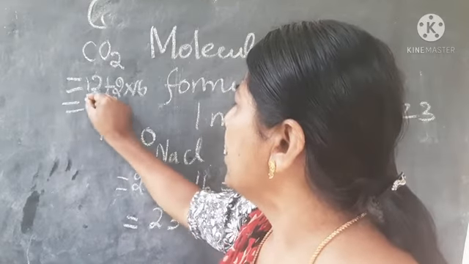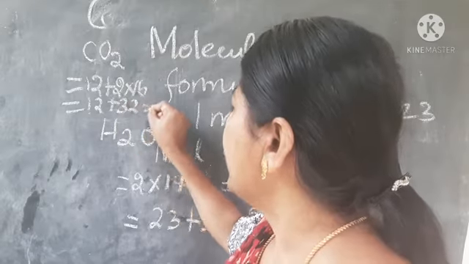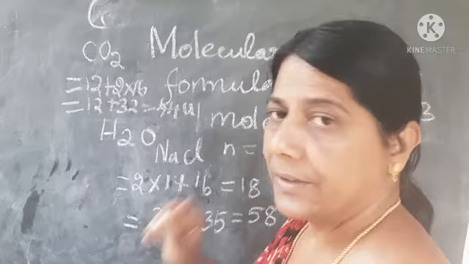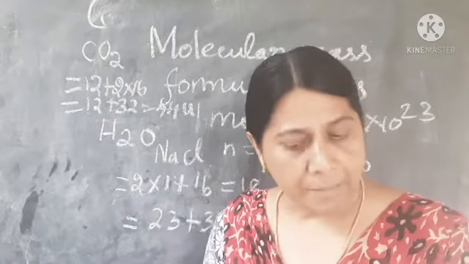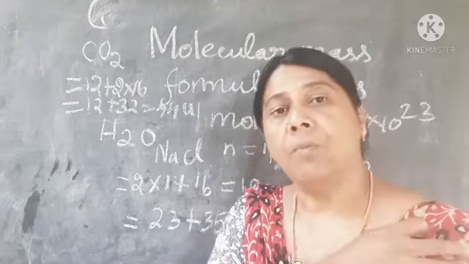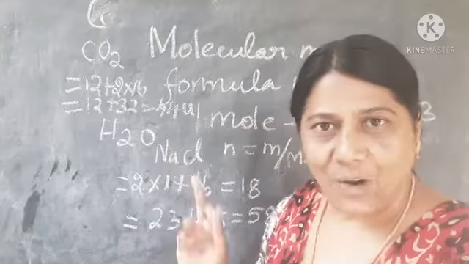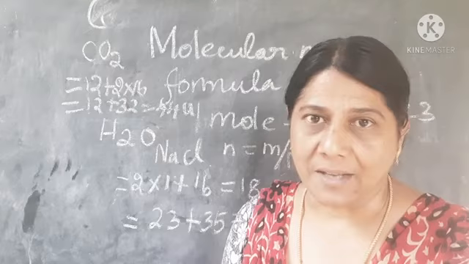So 2 into 16 is 32, and the total is equal to 44 U. And if they are asking to find the formula mass unit also, the same method you are going to follow. Hope you understood what molecular mass and formula mass are.